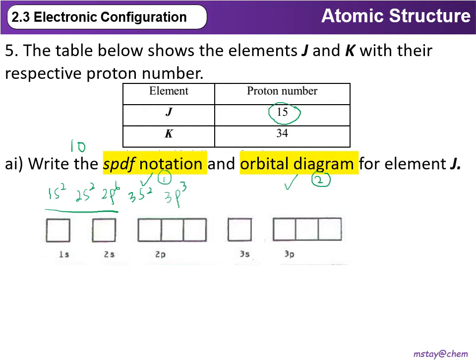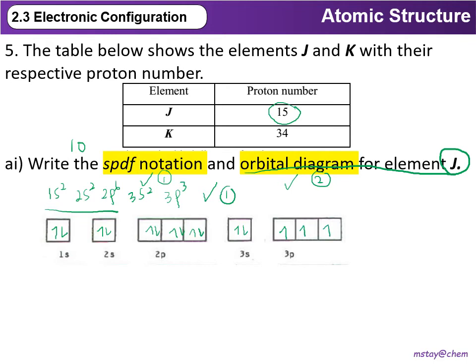So this is the answer for SPDF notation, 1 mark. Then the orbital diagram for element J. We can fill up here 1, 2, 3, 4, 5, 6, 7, 8, 9, 10, 11, 12, 13, 14, 15 electrons.